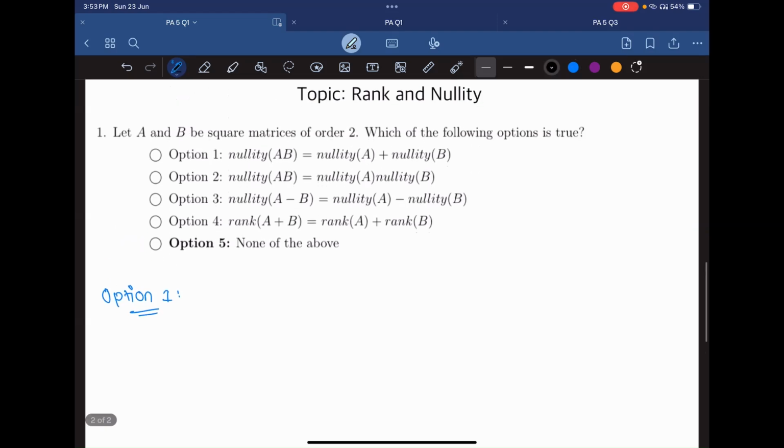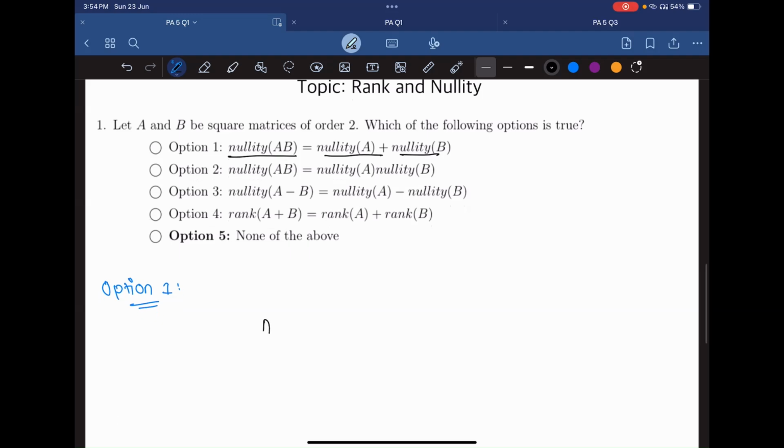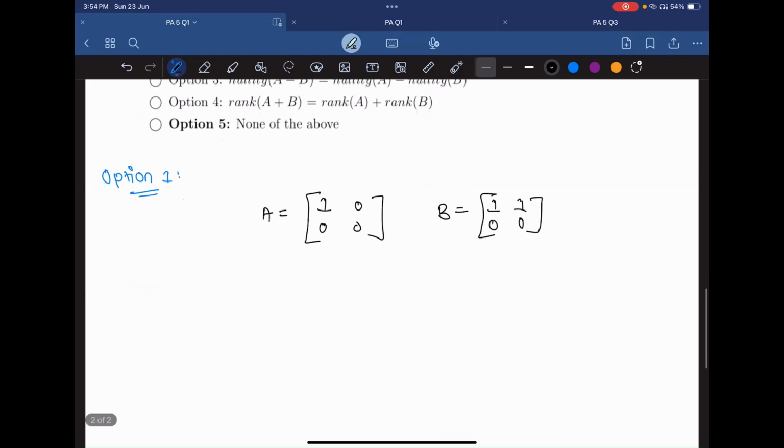So we are given in option 1 that nullity of AB is equal to nullity of A plus nullity of B. So let's take two matrices A and B to be this matrix. Now if we check, A has only one pivot element and it's a 2 cross 2 matrix.